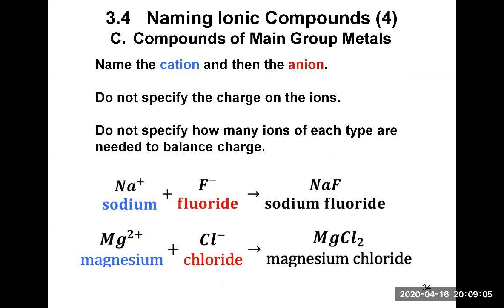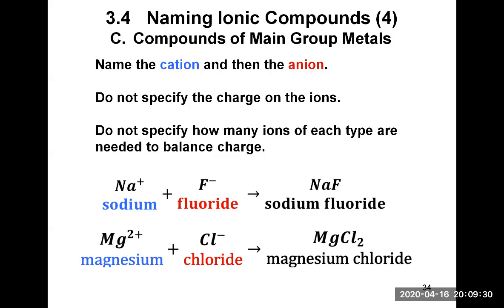It's very simple. You take the name of the metal from the periodic table. For example, Na+ is sodium. If it's bonded with F-, which is the fluoride ion, then the compound NaF is named sodium fluoride.